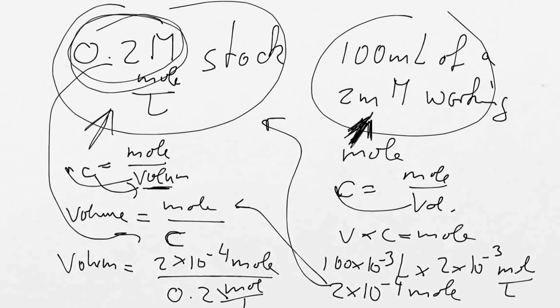Let me write this onto a new page. Volume equals 2 times 10 to the minus 4 mole divided by 0.2 mole per liter. The moles cancel out and the liter goes up there. So what do I get if I do that?